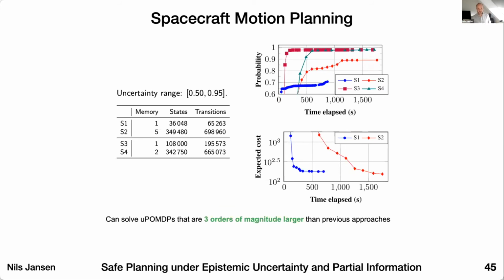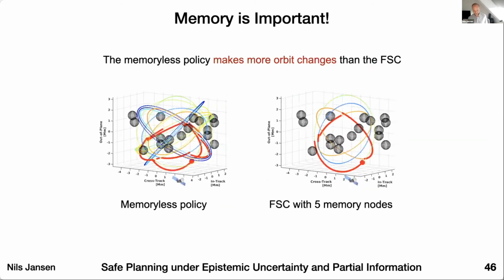Besides this, what was very interesting for me was really to look at the policies that we have, and this I do here. So remember this switch of the orbits in the spacecraft example. And what we saw, if we don't have any memory, if we cannot assess what happened before, where the objects were in space before, then we have to switch quite often, right? Because we cannot really know where we are because we didn't take that into account. So this means the policy is worse because it has too much uncertainty, because we couldn't determine the belief of the state by inferring from past decisions.